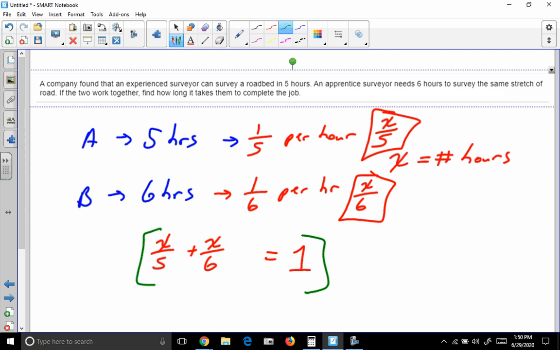That gives us a rational equation. We need to make the fractions go away so we can solve this. So we find our least common multiple, which would be 30. 5 goes into 30 and 6 goes into 30. So we're going to multiply everything by 30.